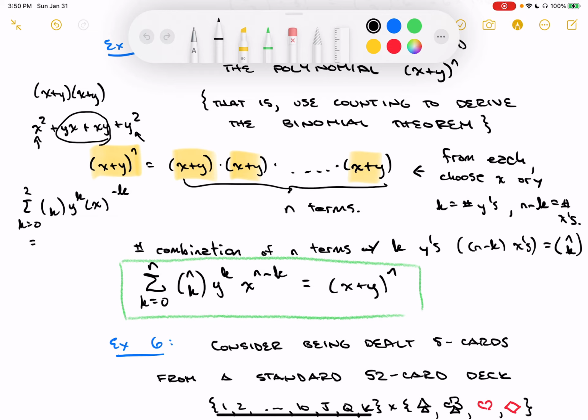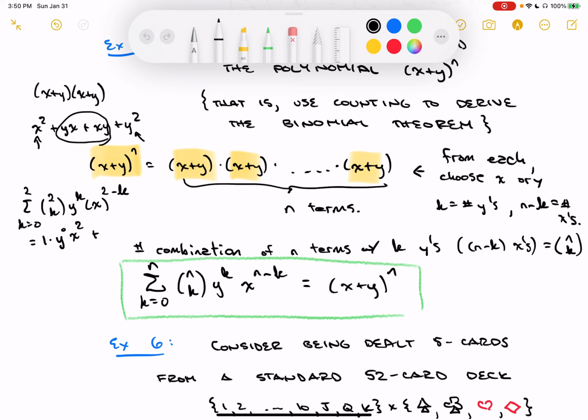We were looking at that reduced case. So this is 2 choose k, and I'm going to have a 2 minus k. So putting k equaling 0 in there, 2 choose 0 is what? That's going to be 2 factorial over 0 factorial times 2 factorial. That's just 1. So I'm going to get 1 times y to the 0, so no y's, and I'm going to have an x to the 2.